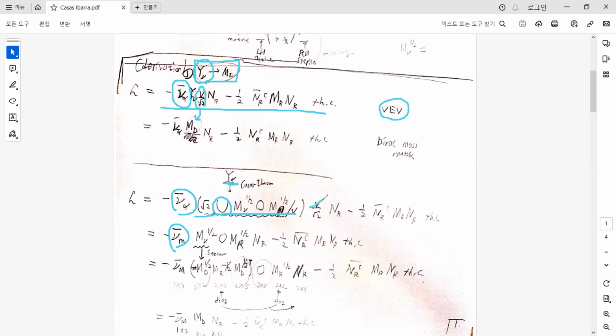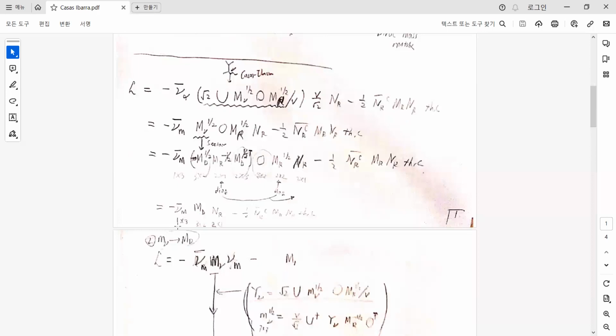And second, the Higgs VEVs in the numerator and the denominator cancel. And for the active neutrino mass matrix, using the seesaw relation, we can write it like that, and all the mass matrices are diagonalized here. Because the right-handed mass matrix is diagonal, we can commute the order.